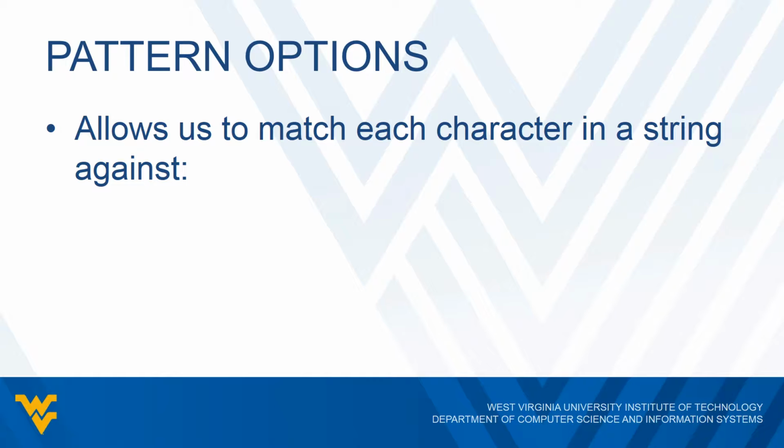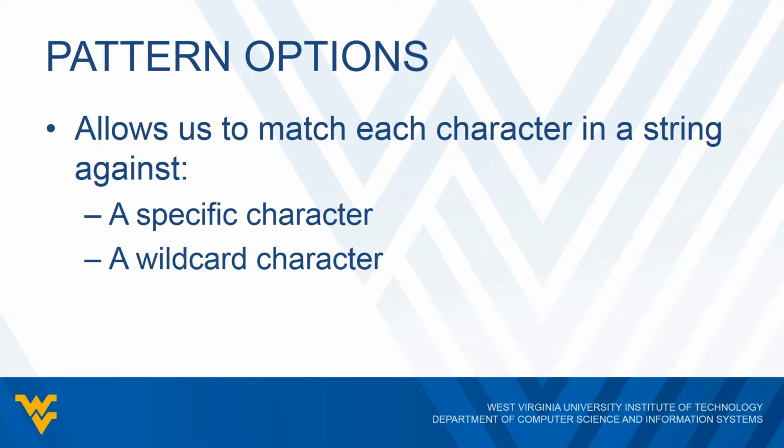We can compare a specific character in our string against another specific character to see if the respective characters at that position match. We can compare a character against a wildcard character, where this wildcard character could be any character. We could compare things against a character list.